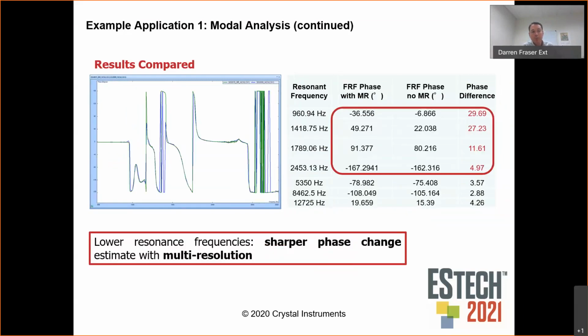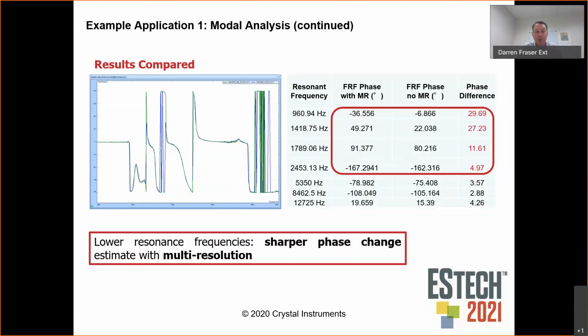But we don't just have to look at the magnitude of the FRF. We can also look towards the phase of the FRF as well. And when looking towards the phase, you'll see that there are also differences that we are able to draw out.